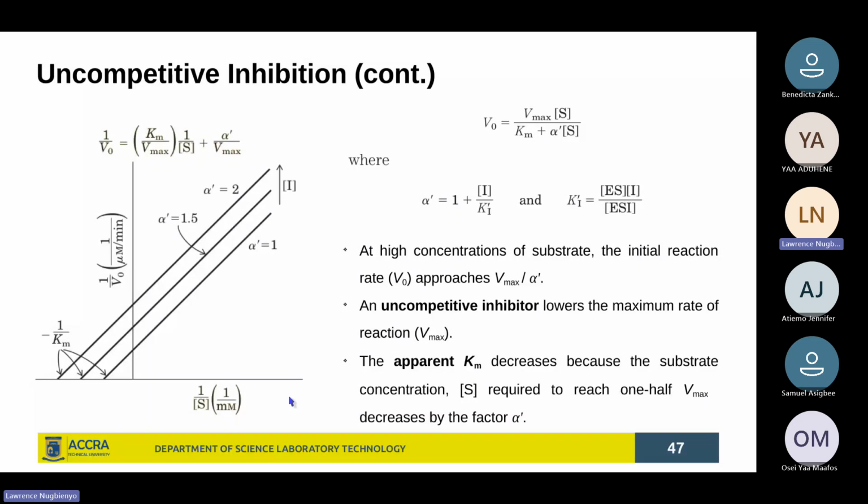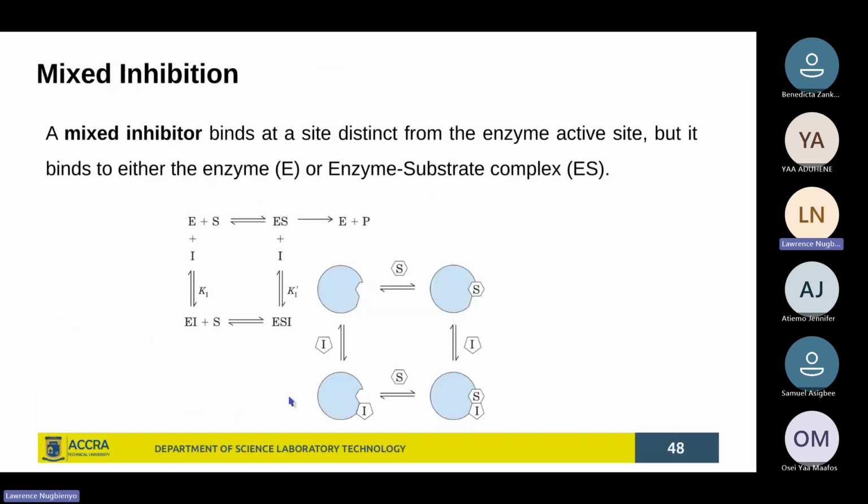Now, when you also move on, there's also what we refer to as mixed inhibition. Now, mixed inhibition has two things that can happen, but these two things will result in the same thing, which is the formation of the enzyme substrate inhibitor complex, as we saw earlier, except that two different paths are occurring at the same time.